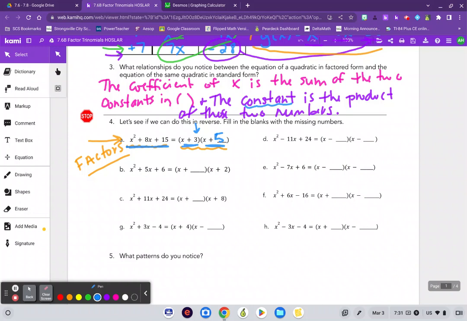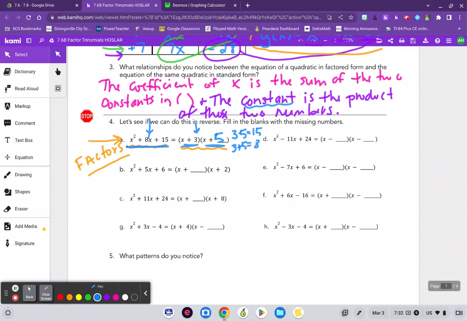That seems reasonable. And the coefficient of x, my b term, is the sum of the two constants in the parentheses. So if I multiply 3 by 5, I get 15, and if I add 3 and 5, I get 8. Oh, yeah, that seems to work out.